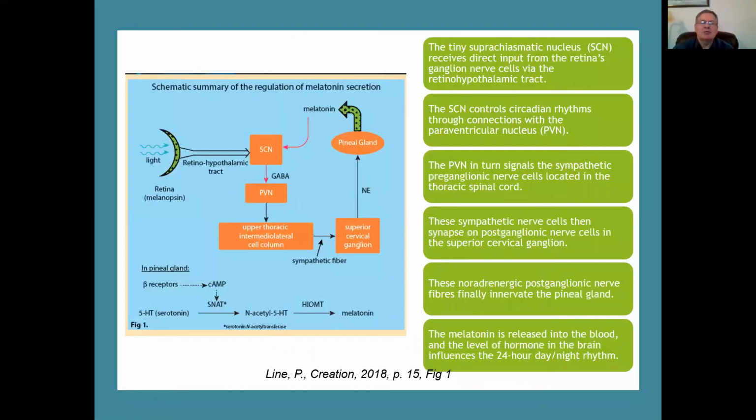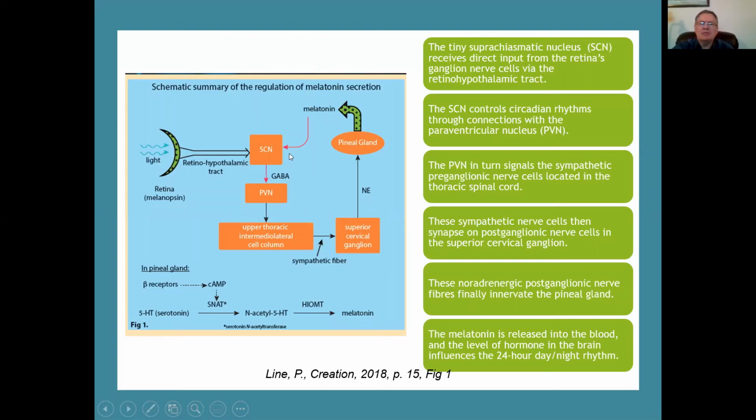Okay. So the tiny SCN, or suprachiasmatic nucleus, situated near the optic chiasm, which is where half the nerve fibers from each of the optic nerves cross over.